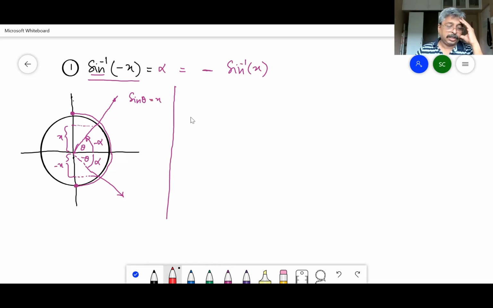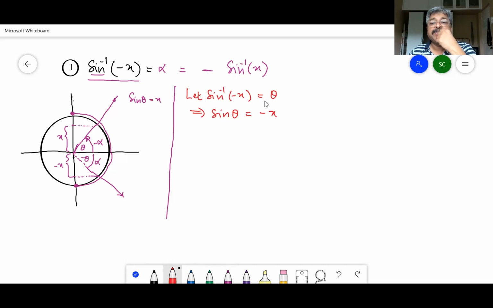Now in the algebraic proof we will start with: let sine inverse of opposite of x be equal to theta. This implies sine theta is equal to opposite of x. Now the moment I write my first statement, because I am dealing with sine inverse of minus x, I should write minus 1 is less than or equal to minus x is less than or equal to 1.